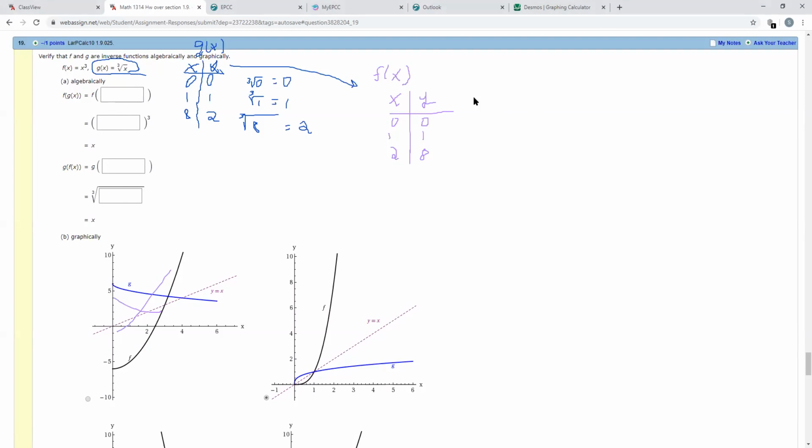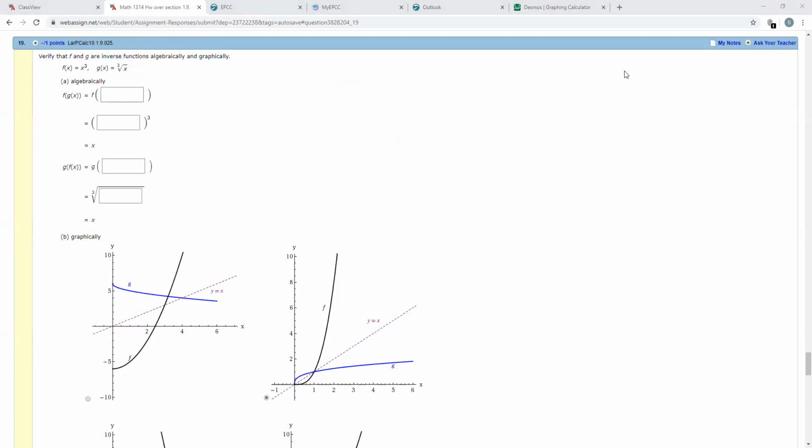So I'm just going to write down the two equations, and then we'll show, using the definition of inverses, or at least one of the definitions, and test if they are inverses or not. Okay, so I'm going to clear this and go to the notebook, and here we go.